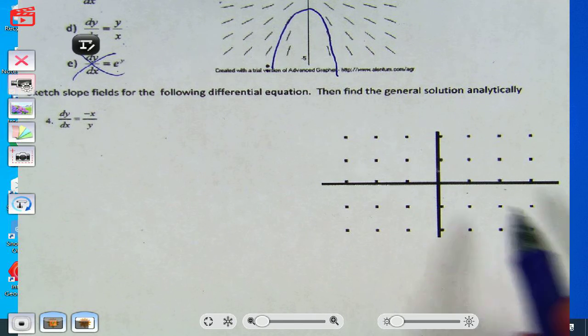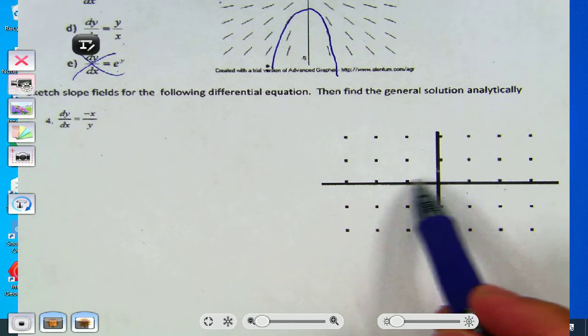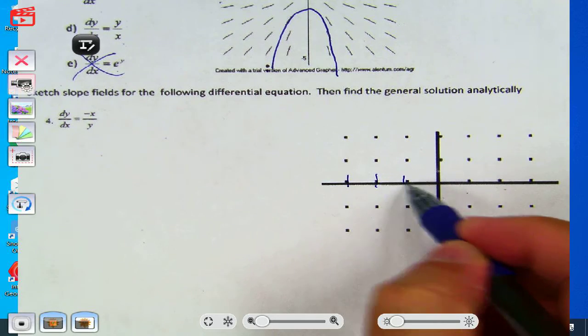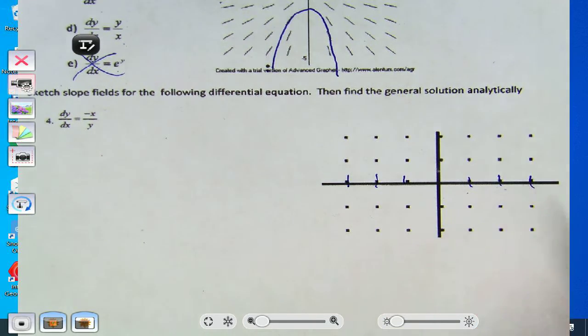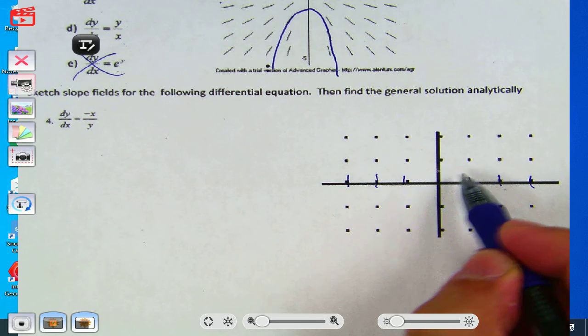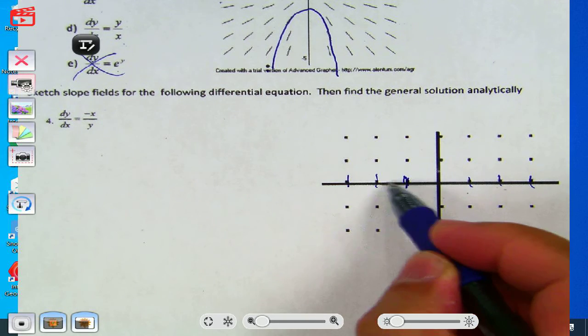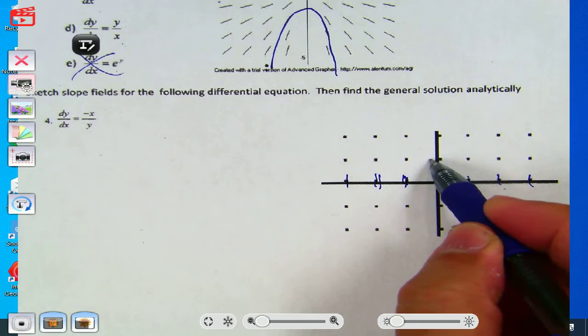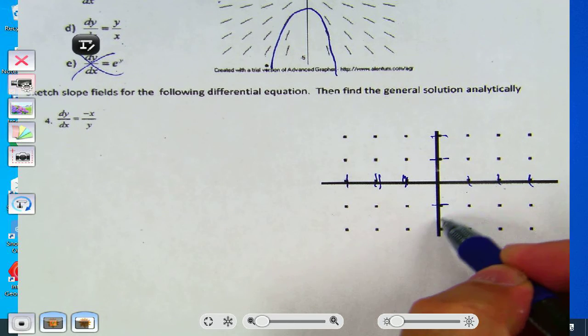At y equals 0. Right, so this is going to be vertical lines here. If it's 0 over 0, it's nothing. Don't give me any kind of line there. And if x equals 0, it's a horizontal line, so it's horizontal lines there.